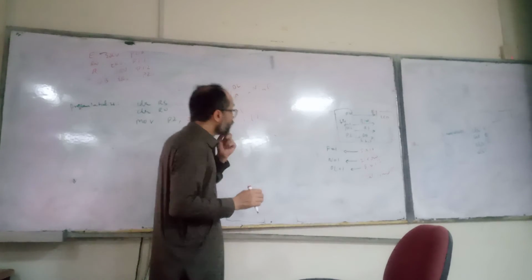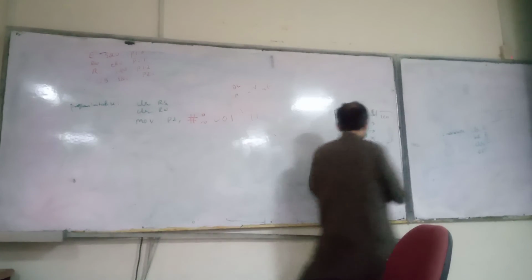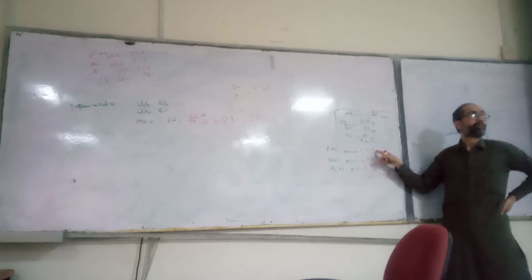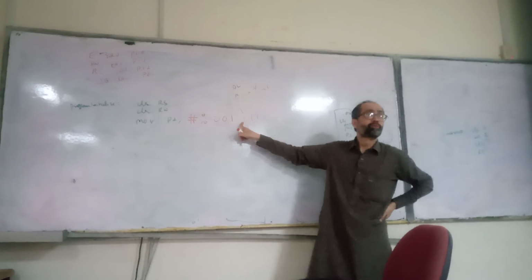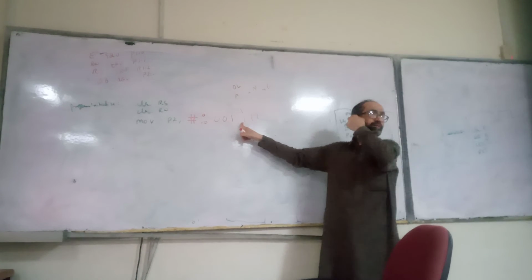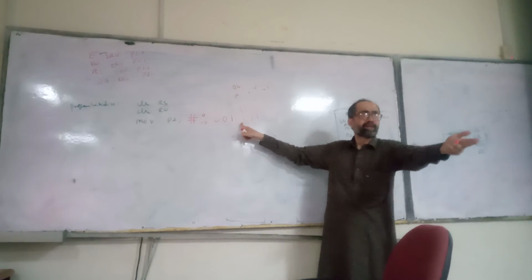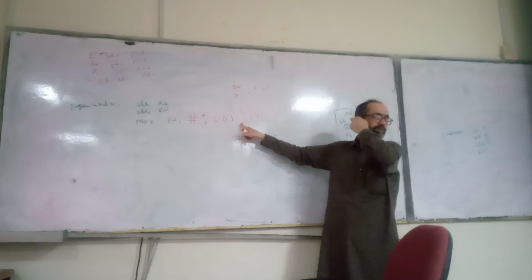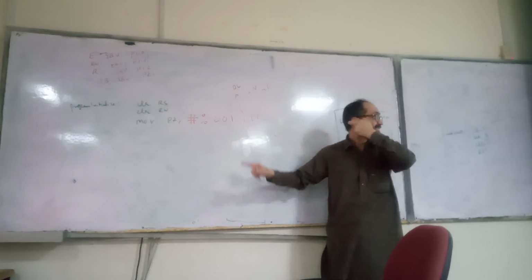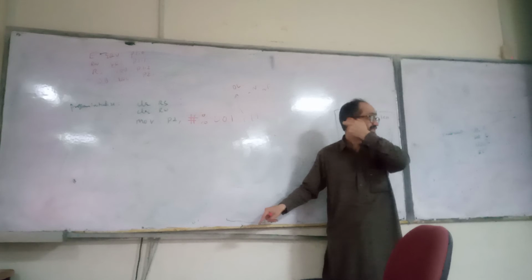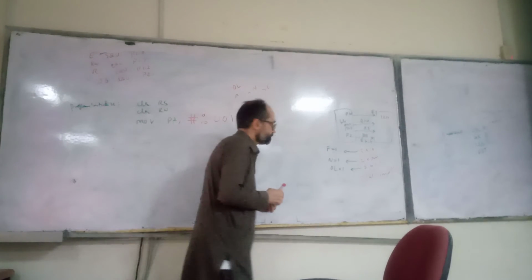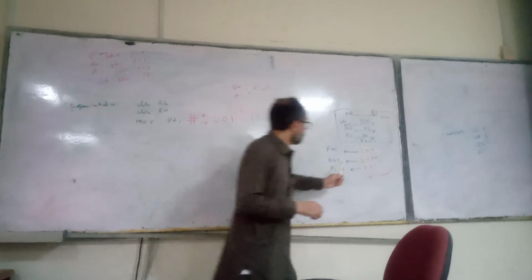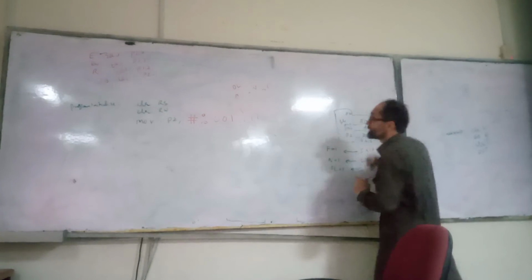Now if you want to configure this into a 5 cross 7 display, what should be the value of F? F will be 0. Now this is DL.